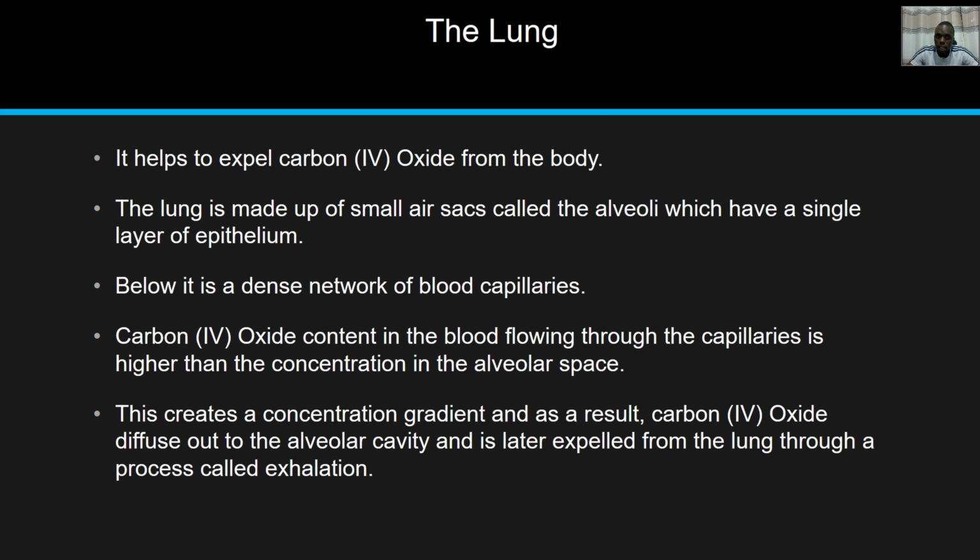So let's look at the lung. The lung has a chief role of expelling carbon dioxide from the body. It's made up of small air sacs called the alveoli, which have a single layer of epithelium.